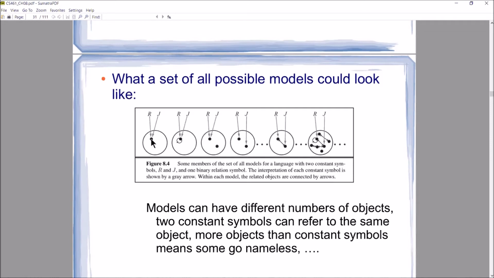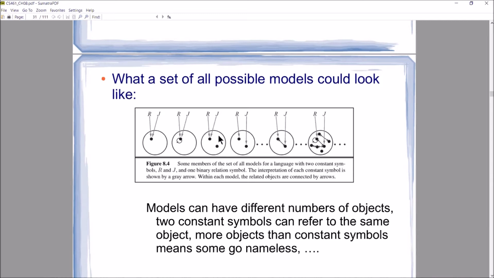Okay, fine, you can do that. In the second circle here, it's another domain, and there's still one object in there. We're calling that object by 2 different names. R for Richard, J for John. And the arrow here is representing a relation. So here we're saying, the object is related to itself. Right? That's one possible interpretation. Does it make sense? Potentially, maybe, maybe not. Depends on what you're trying to describe.